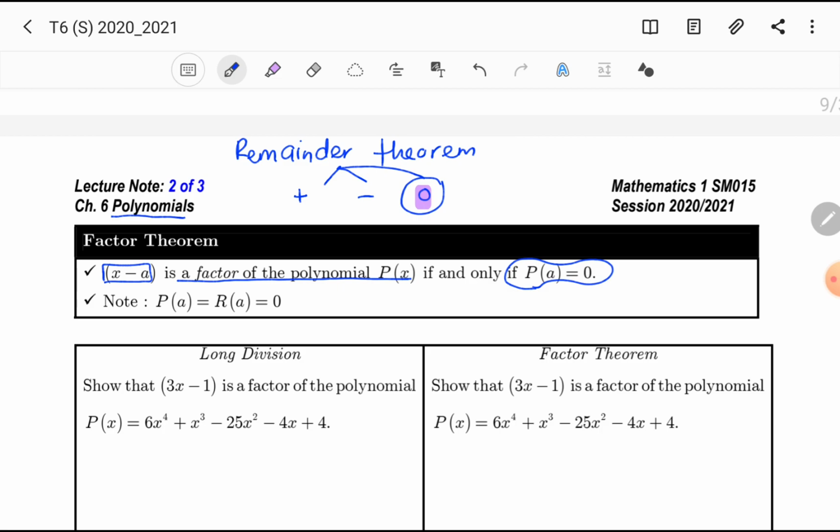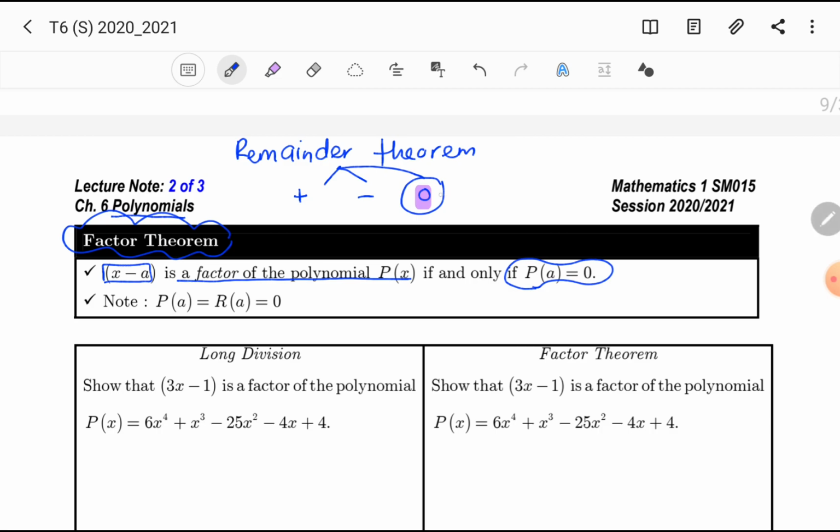Okay, so inilah namanya factor theorem. So factor theorem ni dia adalah anak kepada remainder theorem. Okay, just that remainder theorem, kalau kita ganti number, kita boleh dapat apa-apa jawapan lah. Boleh jadi positive number, negative number, or 0 number.